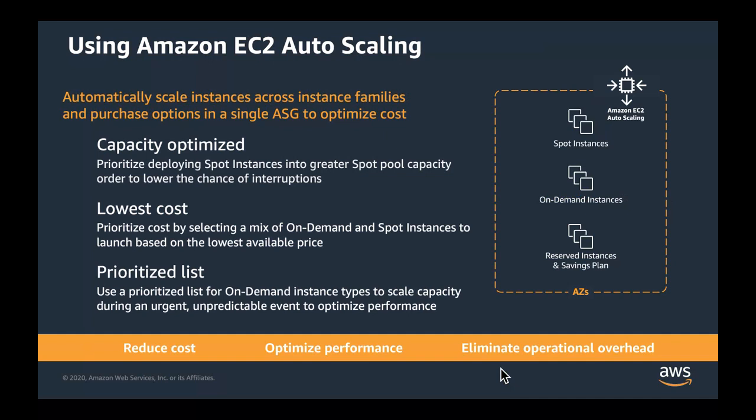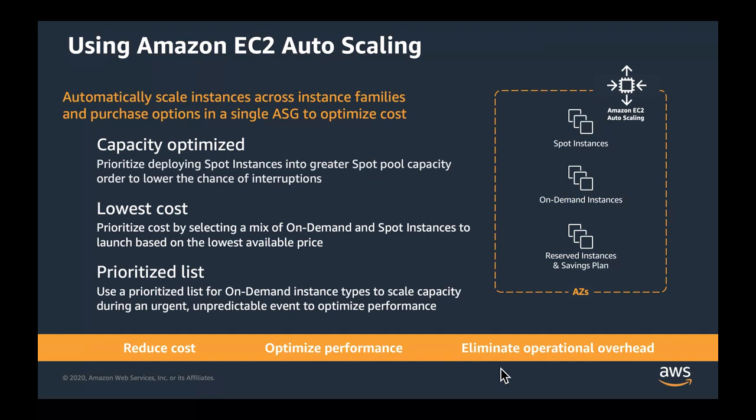Now, what do you get with a mixed auto scaling group? First of all, you reduce cost because you are mixing all types of purchasing options: Spot, on-demand, reserved instances, and savings plans. Then you optimize for performance. That means you are always up to date with your need. If more and more need comes, you do dynamic scaling, auto scaling, so you are never out of capacity when you need it.